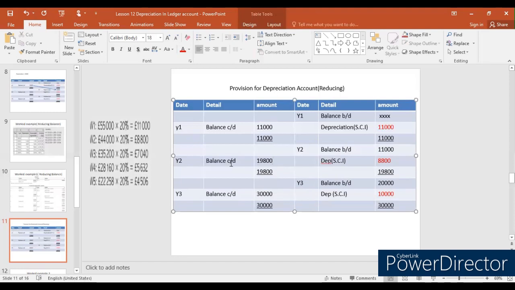Third year also I will do. Now this balance will bring it to the year 3 opening balance. It's 19,800. Okay, that's done. And year 3 depreciation we calculate here under this 7,040. So we use that. So then the total will be 19,800 plus 7,040, 26,860. Yes.